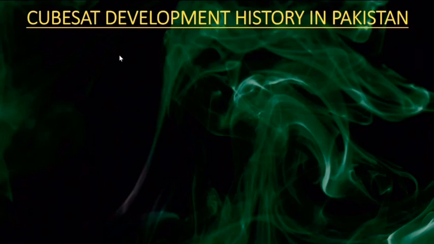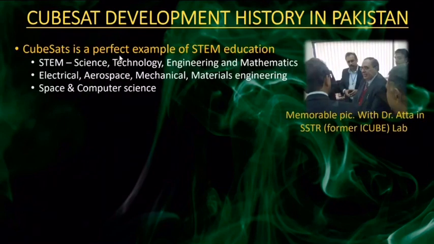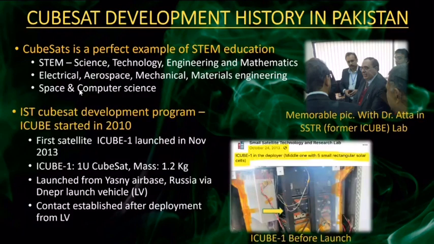So the logical question here is, do we have the right capability of developing and managing a CubeSat project? The answer is, fortunately, yes. Our team in IST developed the first CubeSat of Pakistan, ICUBE-N. In fact, IST is the first and only university in Pakistan to develop and launch a CubeSat, ICUBE-N, in 2013, though it was not possible without the full support of our national space agencies SUPARCO and HEC.